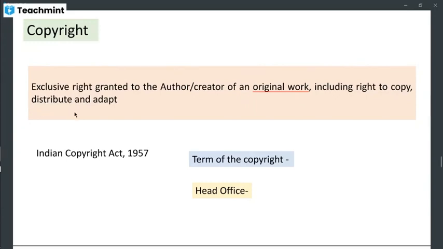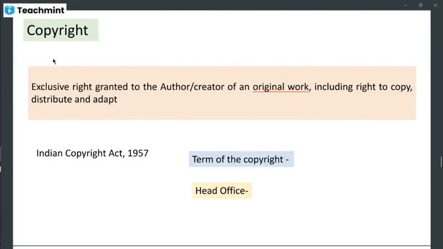Others can also adapt it if the original author or creator allows, but without permission they can't adapt or copy it.